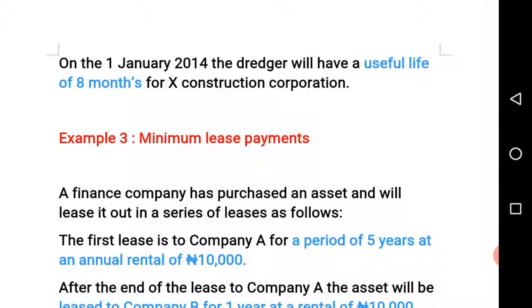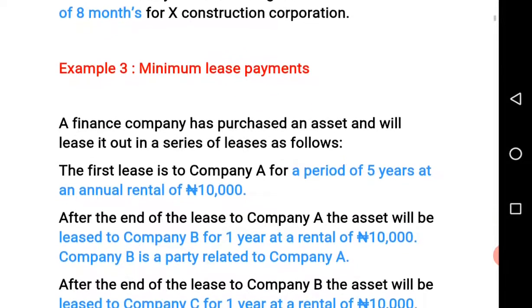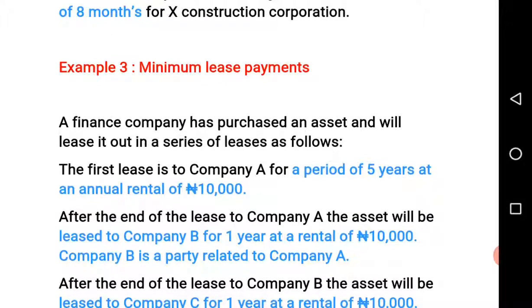A finance company has purchased an asset and would lease it out in a series of leases as follows. The first lease is to Company A for a period of 5 years at an annual rental of 10,000 naira. At the end of the lease to Company A, the assets will be leased to Company B for 1 year at a rental of 10,000 naira, also the same price.